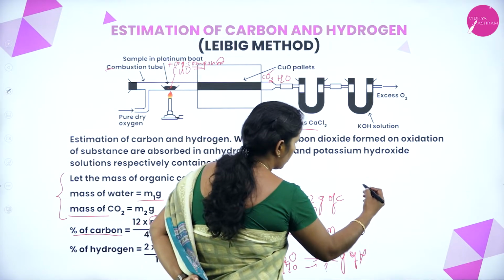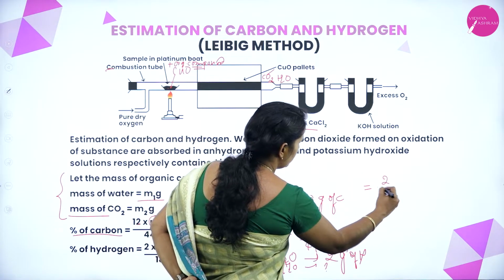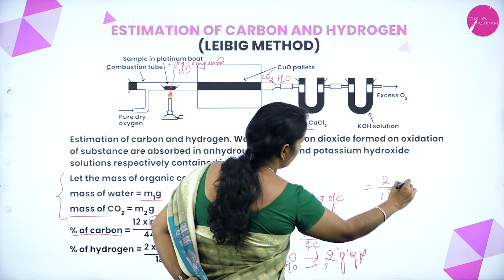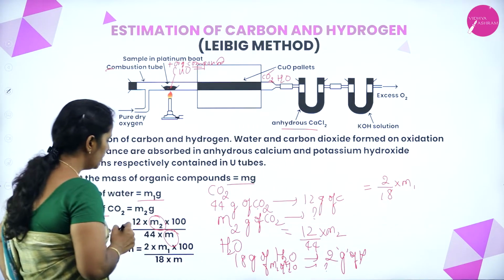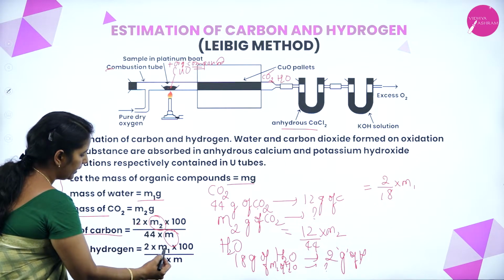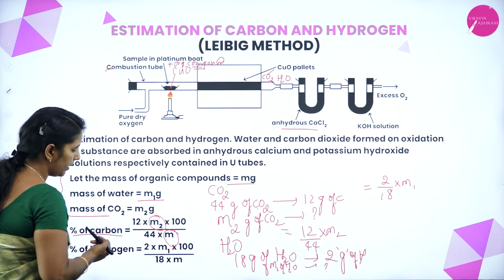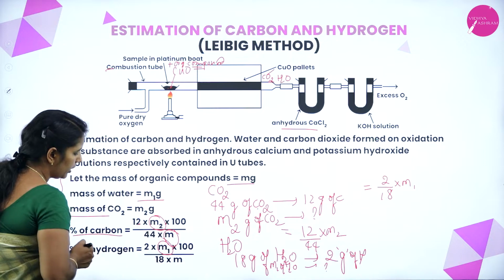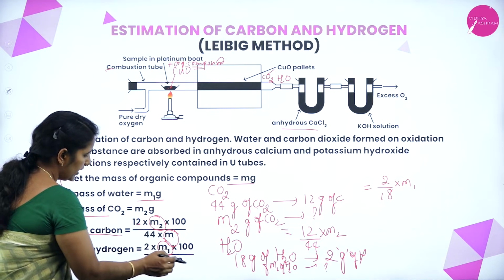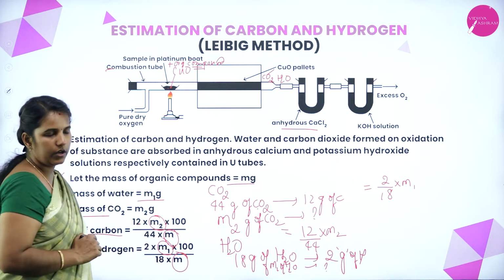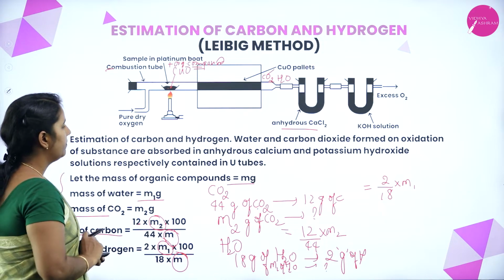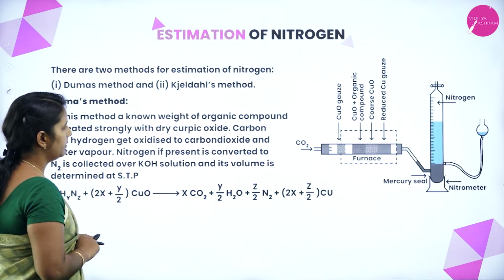It is just a cross multiplication. So it is 2 divided by 18 into m1. Correct now? So it is 2 divided by 18 into m1 into 100 divided by m. Here m1 is the mass of the water and m is the mass of the given organic compound. This is how they do the estimation.